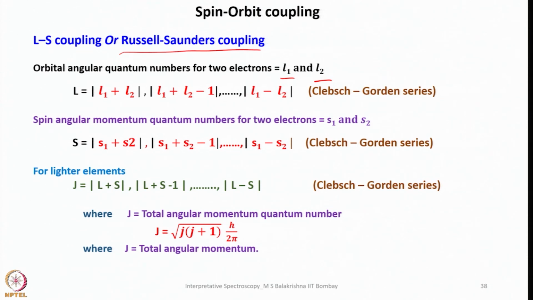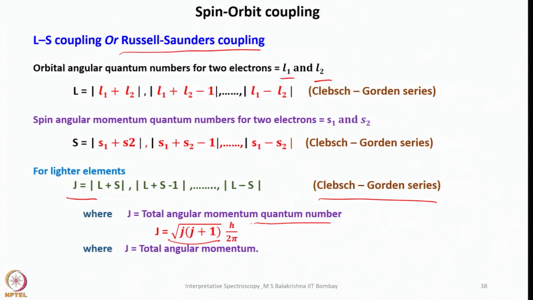In the same way for spin, S1 plus S2, S1 plus S2 minus 1, and eventually S1 minus S2. For lighter elements, J equals L plus S down to L minus S. Here J is the total angular momentum quantum number, and the square of the angular momentum is J into J plus 1 times h over 2 pi. So J is the total angular momentum.